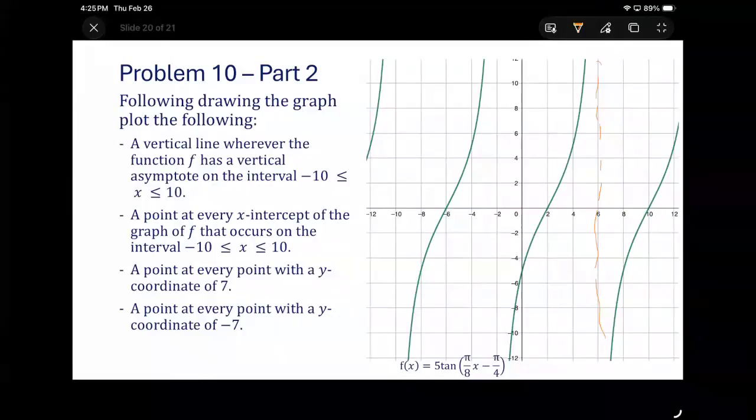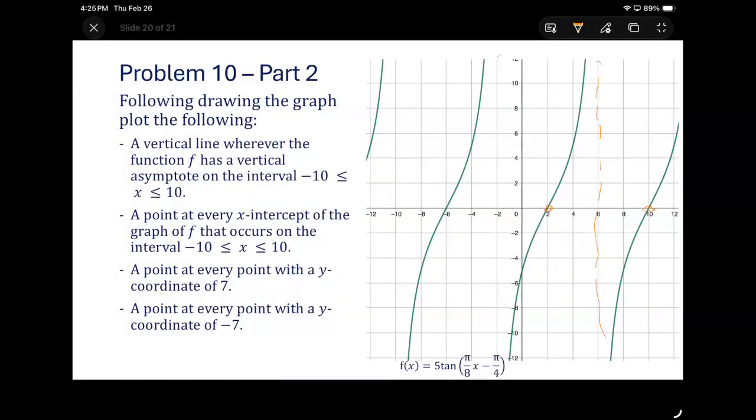So a vertical line wherever there is an asymptote on the interval from 0 to 10, which is the question. So we know that since our shift was at 2 and the period was 8, we're going to go over half of that and have an asymptote, and over every 8, we're going to have another point across the x-axis.